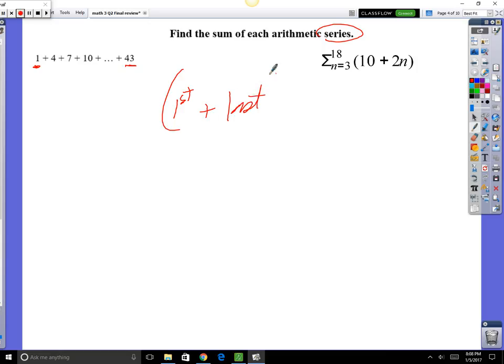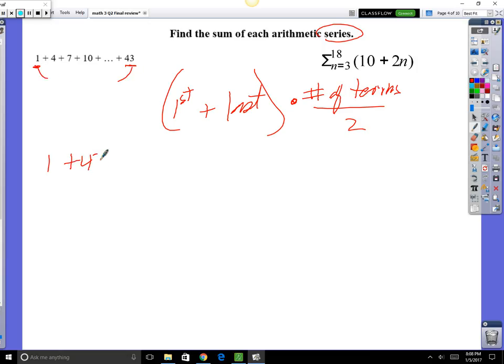So we add those together first, and then we times it by how many numbers are in the list. So the total number of terms cut in half. So you fold the line. So you take the very first plus the very last.